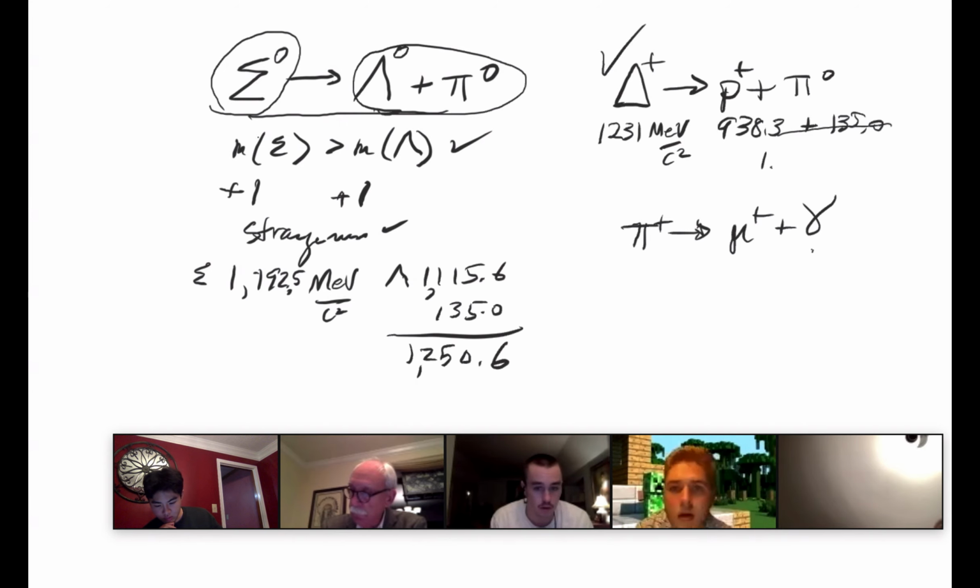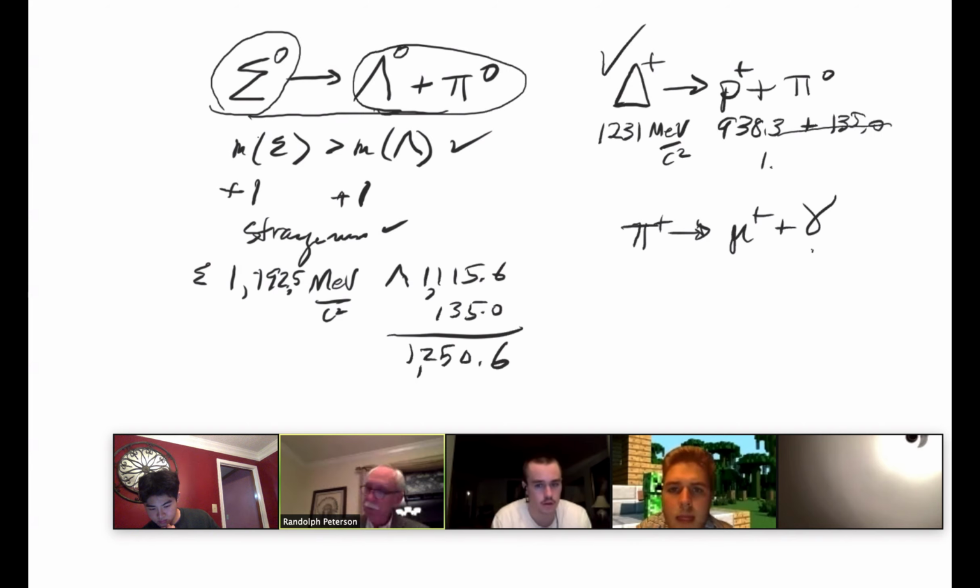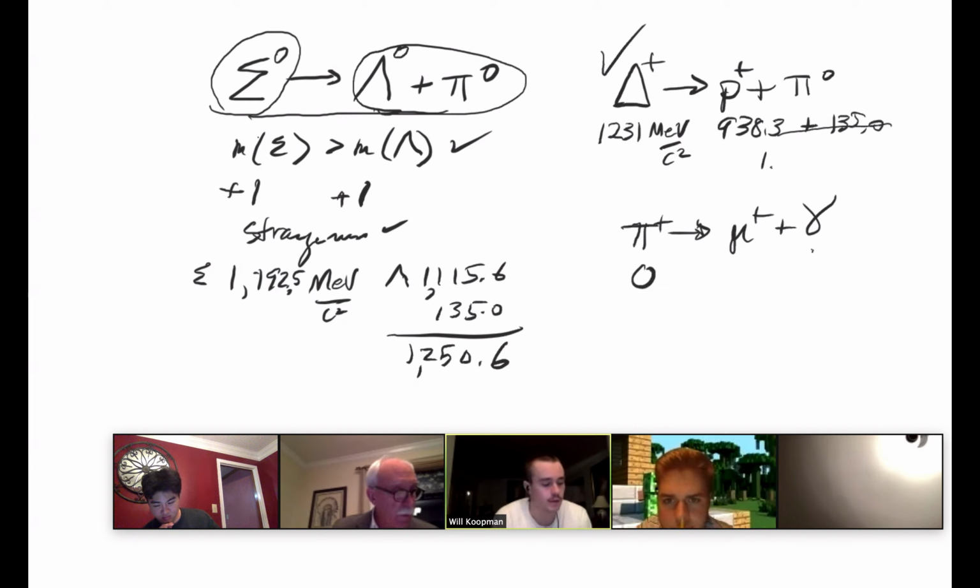The muon has a lepton muon number, because it's a muon.